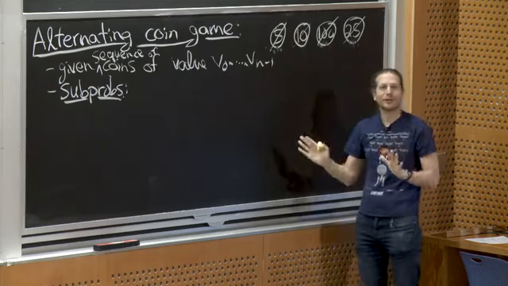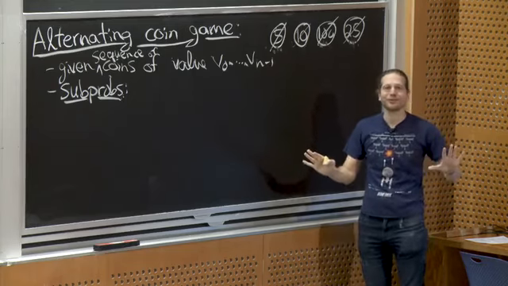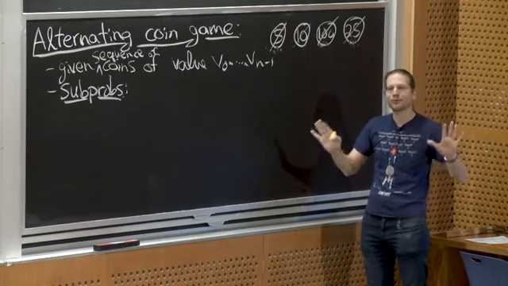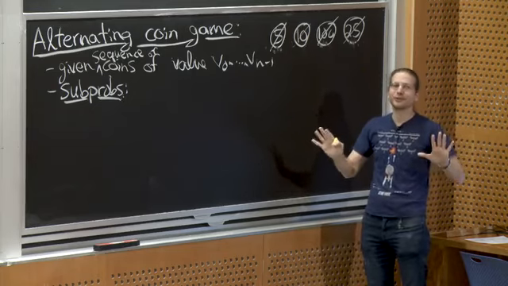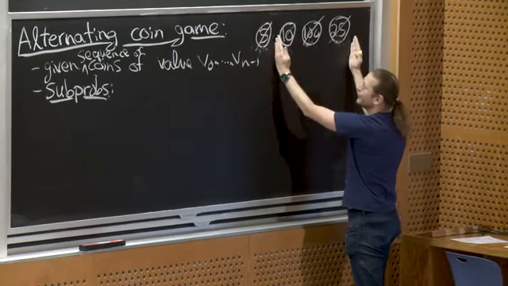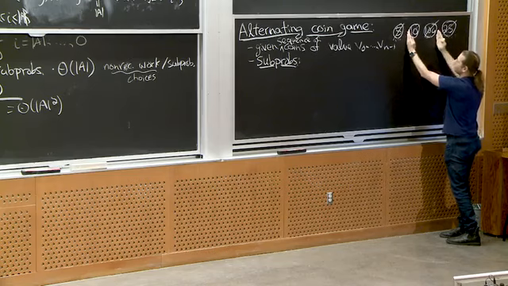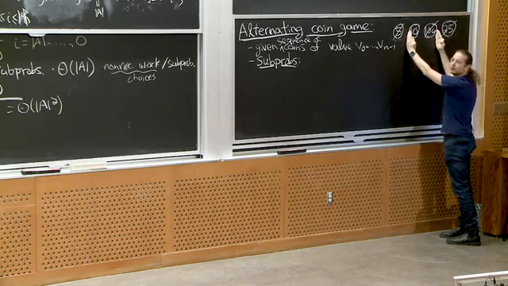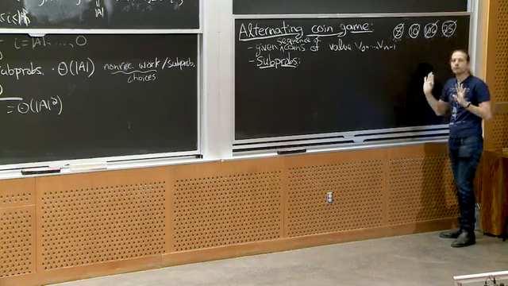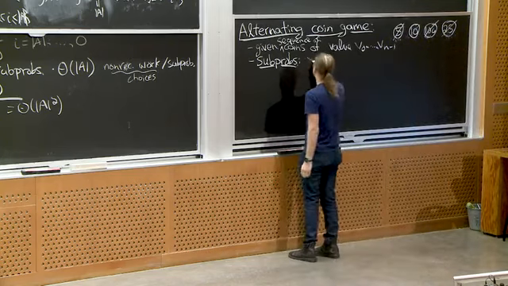But I'll tell you now, there's no dynamic programming where the answer is suffixes and prefixes. You can do suffixes or prefixes, but if you need both, you almost certainly need substrings. Because as soon as I delete the first coin, and then maybe you take the second coin, now you have an arbitrary substring in the middle. But substrings are enough, because we're only deleting from the ends. We'll look at substrings.